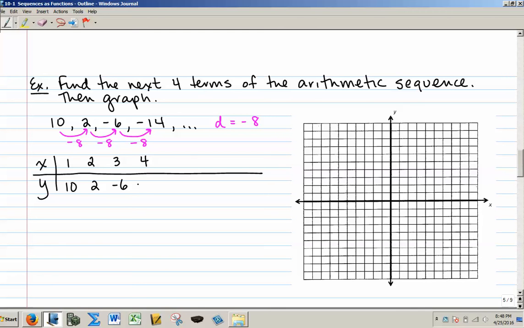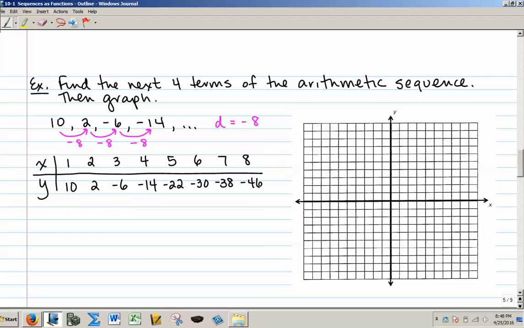My fourth term is -14. And then it said find the next 4 terms. So I need my 5th, 6th, 7th, and 8th terms. I just have to keep subtracting 8 each time. So -14 minus 8 is -22. It's going to give me -30, -38, and -46.